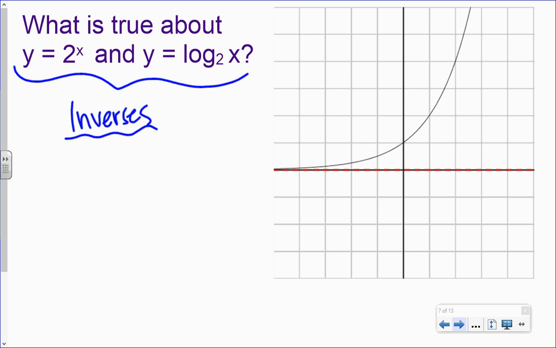If we are finding an inverse, what is the basic way to describe the process? Switch x and y. So, if we have the coordinate (-1, 1/2) on our 2 to the x graph, then on our logarithmic graph, it's the coordinate (1/2, -1).